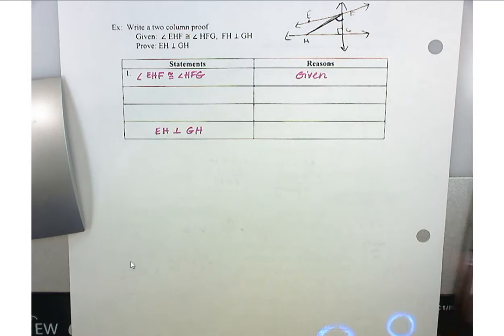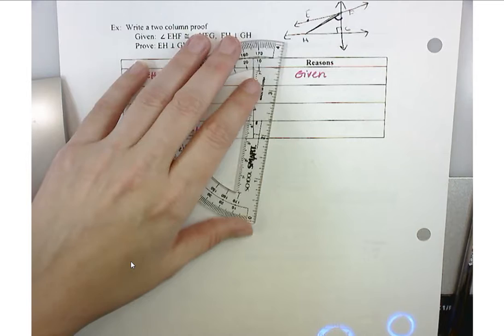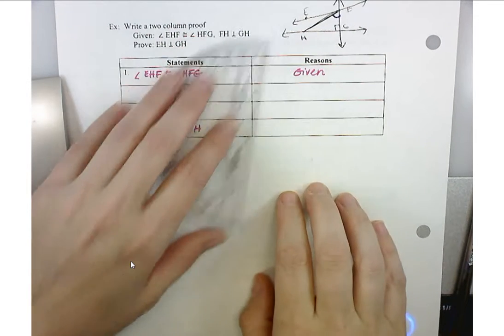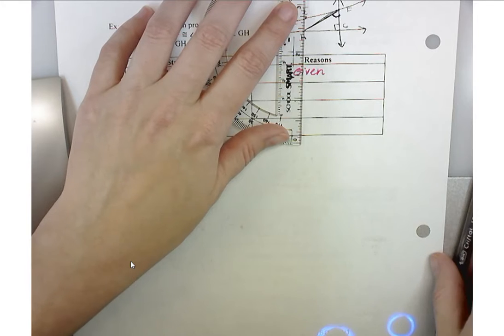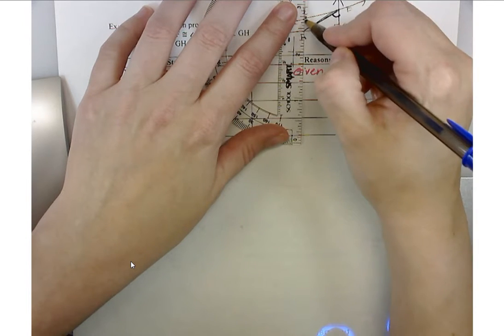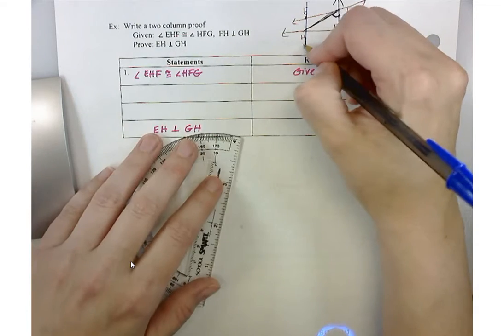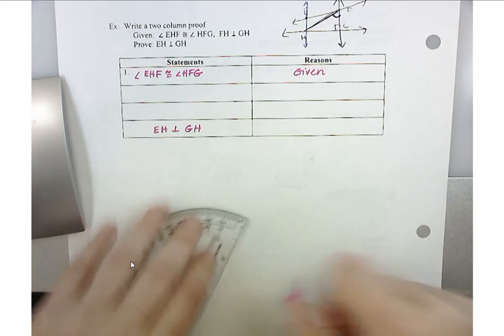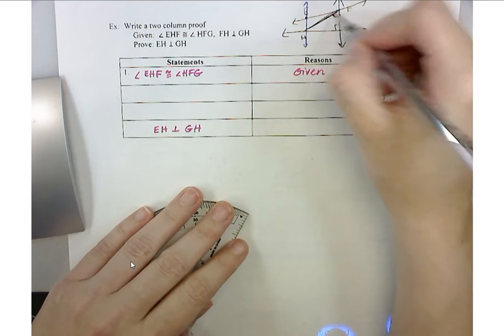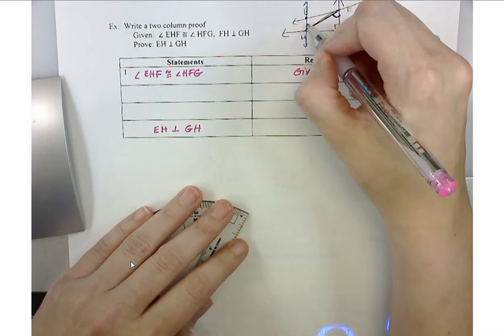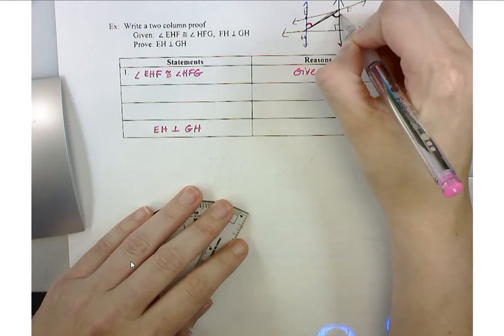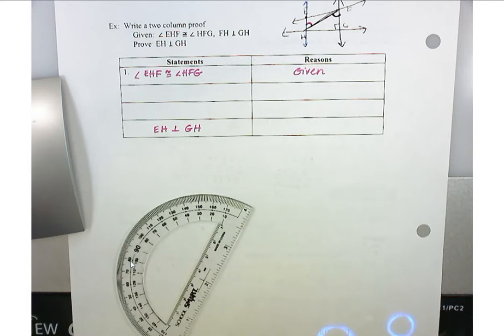Okay, I'm going to have to draw this line in here. I feel like it should have already been there, but it wasn't. Okay, so I have EHF, and then I have HFG. Okay, those are given.